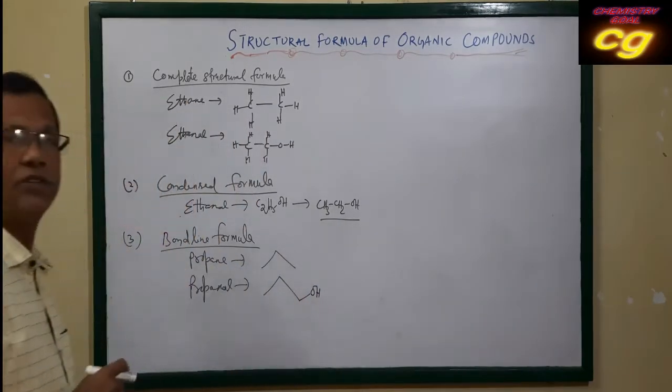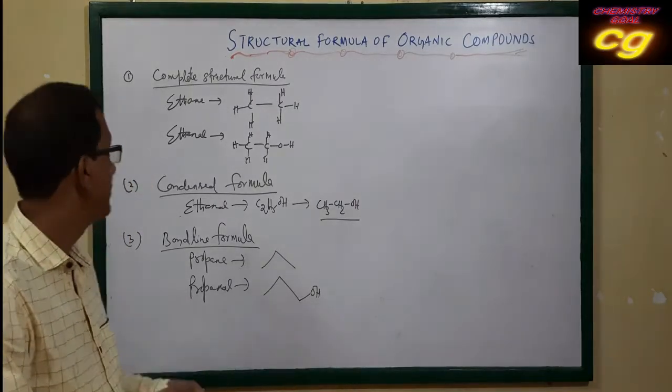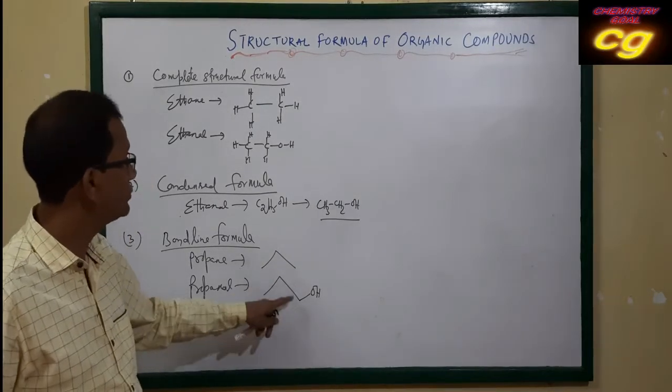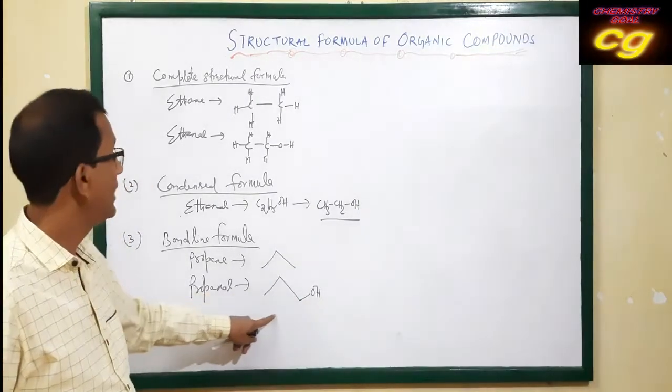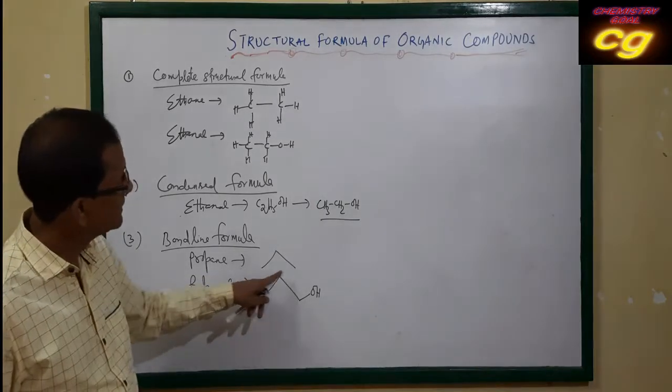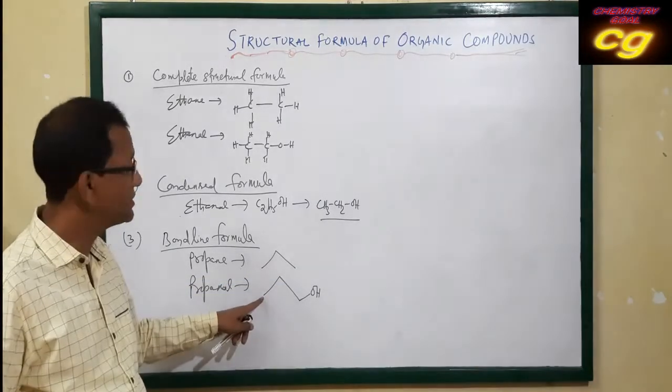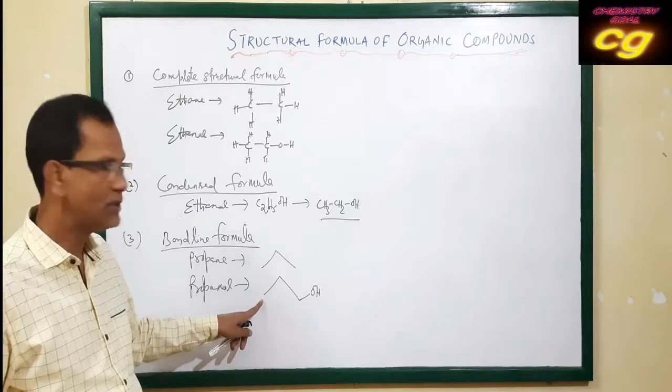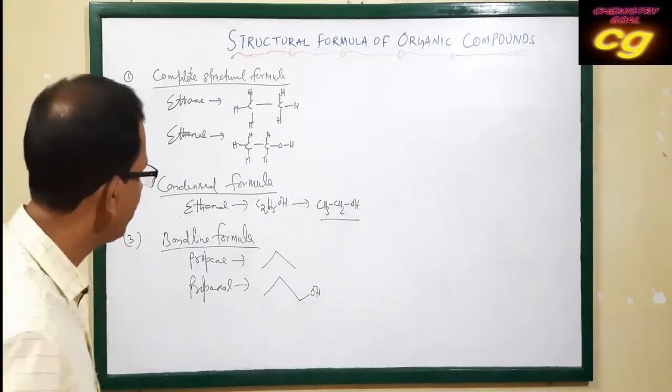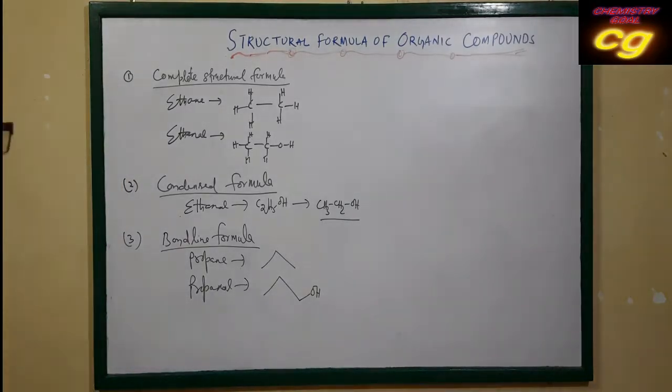This is the bondline formula of propanol. Here are 1, 2, 3 carbons and the OH group. The end carbon is CH3, but it is not shown as CH3, only as a single line.